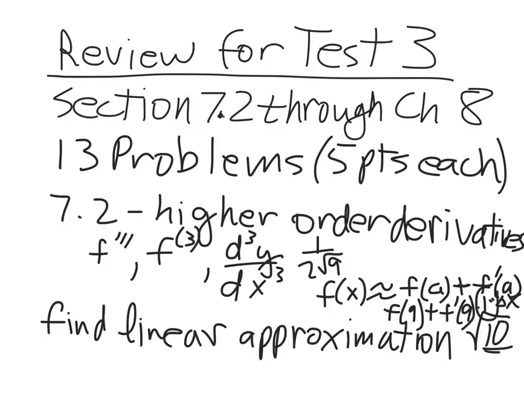And then times the 1. 1/6 plus f(9), 1/6 plus square root of 9 would give you your linear approximation of the square root of 10. So it looks a lot more complicated than it is once you understand it. It's just the equation of the tangent line, then use it with nice numbers to approximate your ugly number, square root of 10.